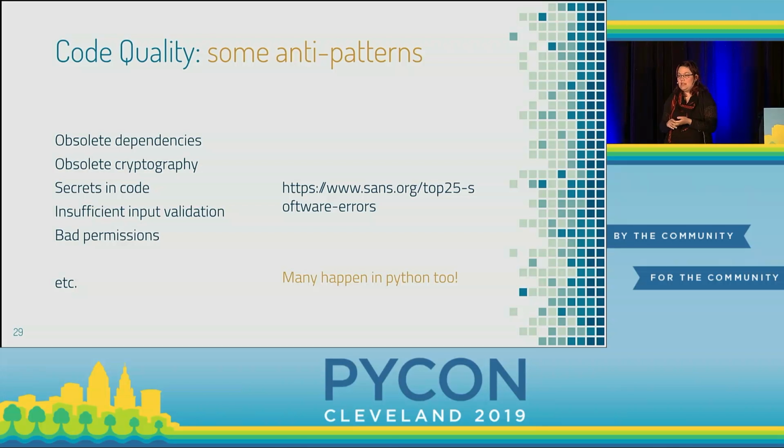Secrets in code, people putting their keys where they shouldn't be. Not enough input validation. All of these things are the same things you see in the list of the top 25 software errors that SANS puts out every couple of years. We're basically only missing 2, I think. There's a buffer overflow one, and then there's another related one, like all the integer arithmetic, we can still screw that up. There's nothing new under the sun in security, unfortunately.